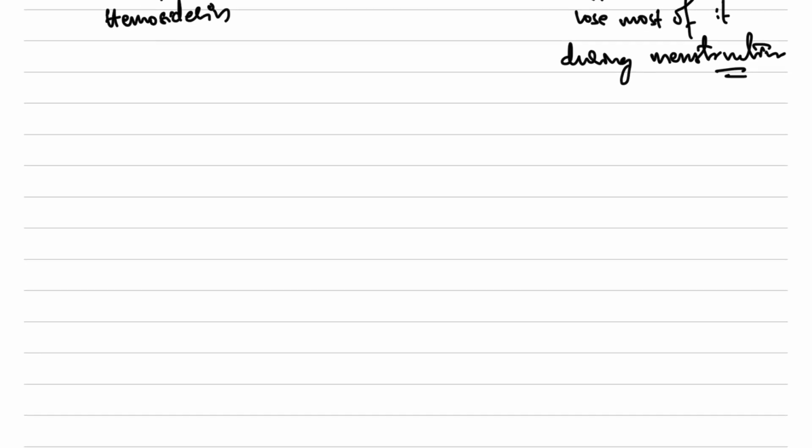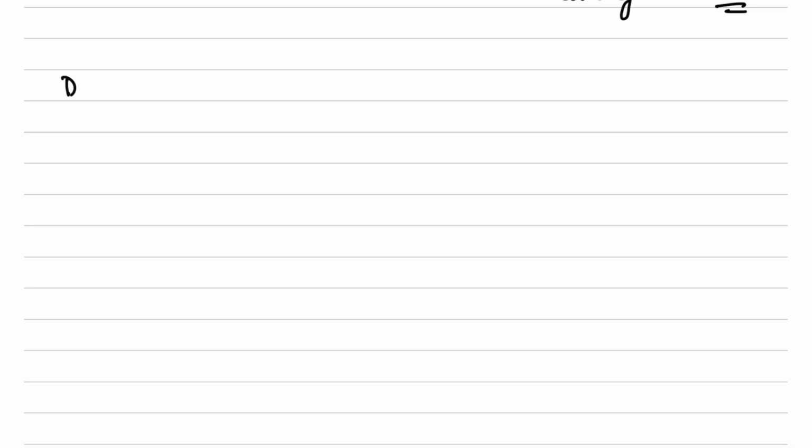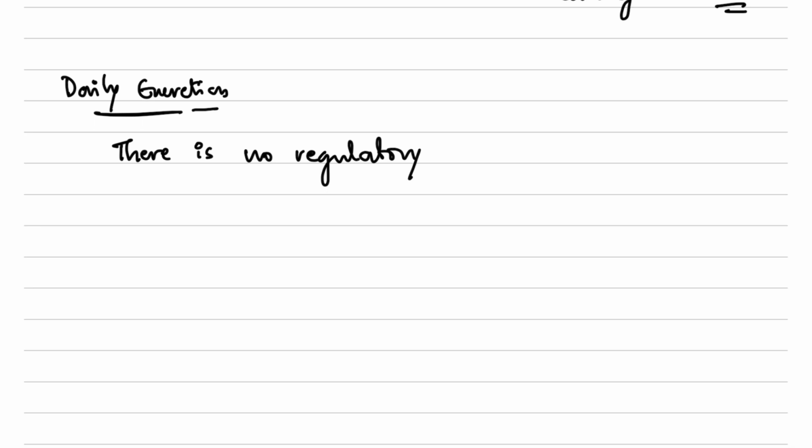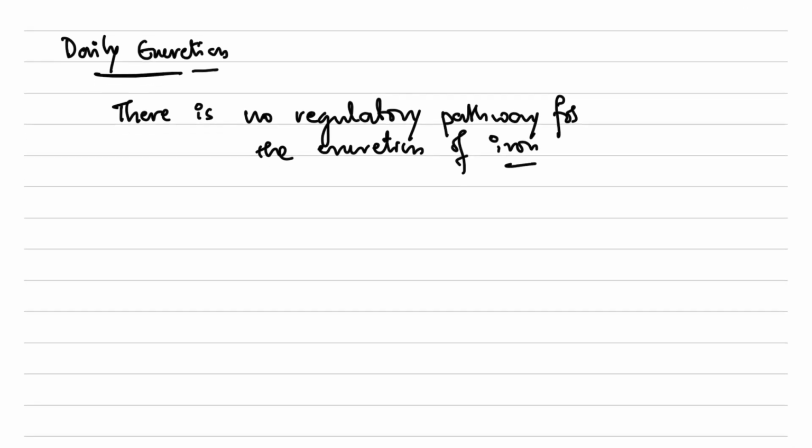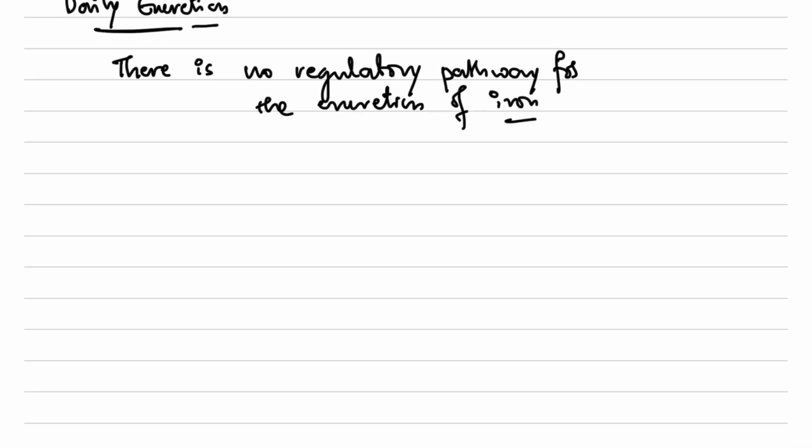Now after this distribution, we'll look at the daily excretion. So we have iron in our body. How is it excreted? Is it excreted through the kidneys, through the liver? One thing you have to remember is that there is no regulatory pathway for the excretion of iron. So how much is the daily excretion of iron?